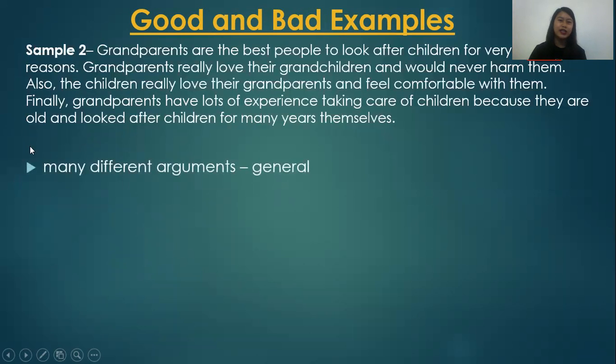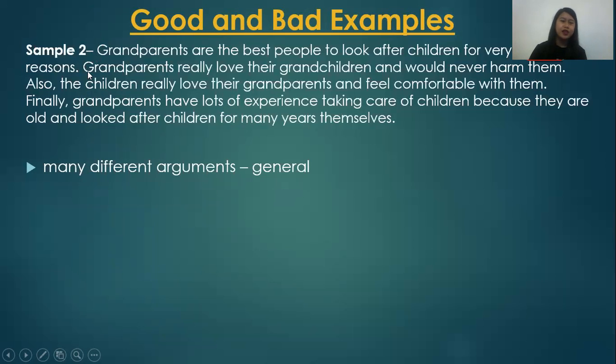And the first one is that this body paragraph just has many different arguments which are so general. As you see, grandparents are the best people to look after children for very obvious reasons. This is, well, like the topic sentence of the body paragraph, and the next 3 sentences are all different arguments.